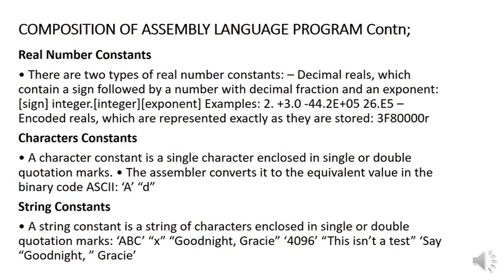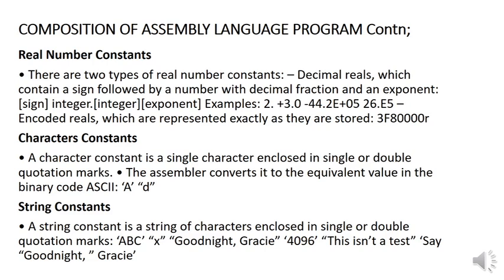Character constant. A character constant is a single character enclosed in single or double quotation marks. The assembler converts it to the equivalent value in binary code, ASCII. So, string constants. A string constant is a string of characters enclosed in single or double quotation marks.